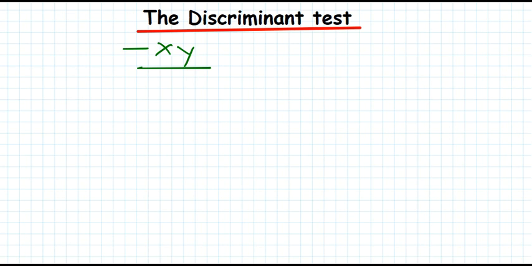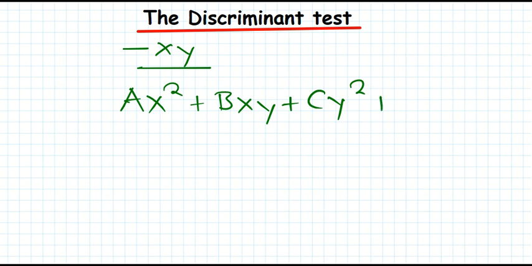I've already explained to you that if you have an equation in the form of ax squared plus bxy plus cy squared plus so on, the key idea is the coefficient of x squared is a, the coefficient of the product is b, and that of y squared is c.